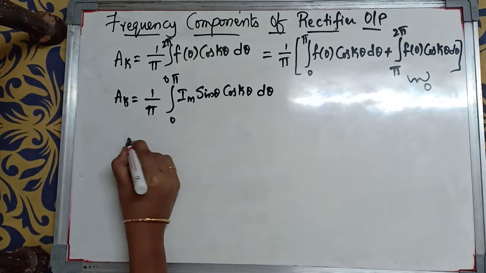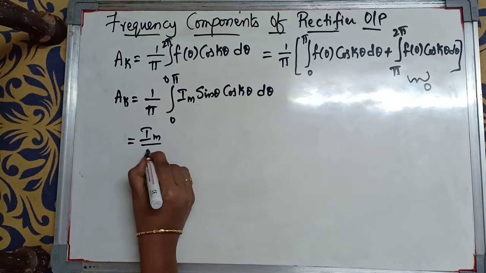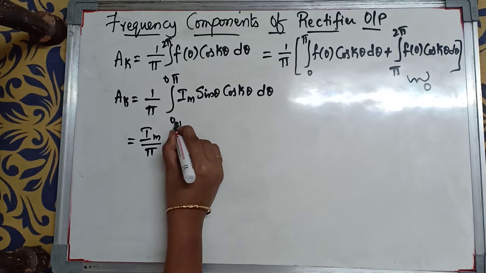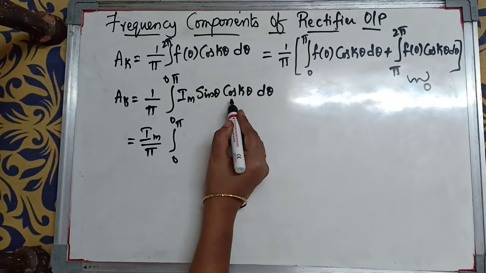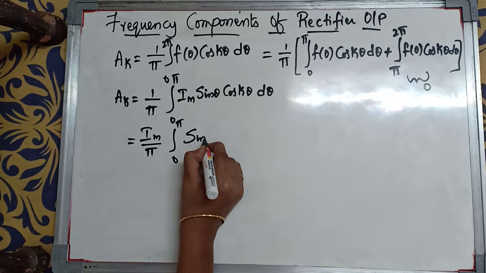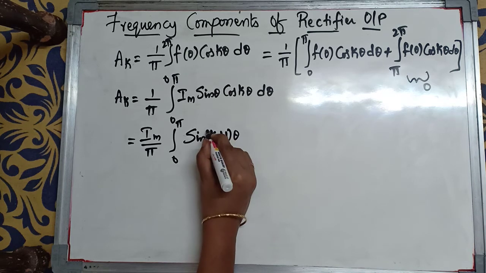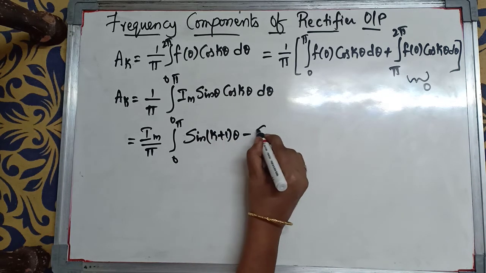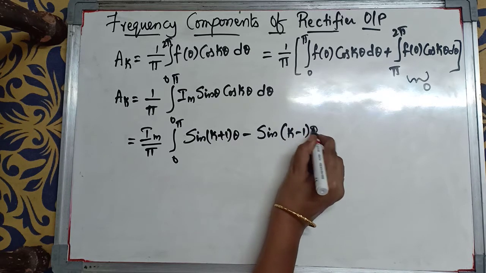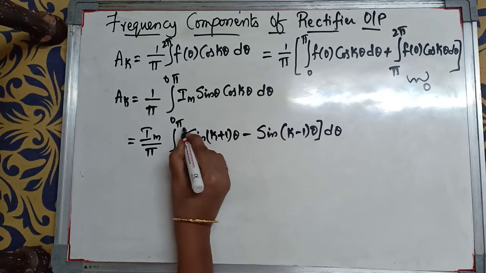Now I can simplify this as Im by pi into integral of 0 to pi. Sin theta cos theta can be written as sin of a plus b minus sin of a minus b, d theta by 2.